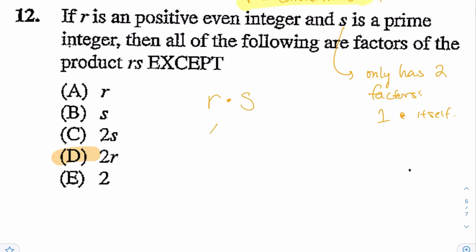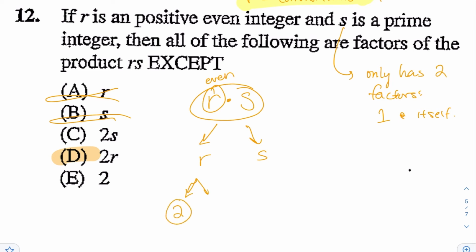So rs, of course, you can separate this into r and s, because r times s is equal to rs, like a factor tree. So a and b, they're going to be gone. Now 2 is always a factor because r is even. Eventually, you'll break r down into 2 because r is even.